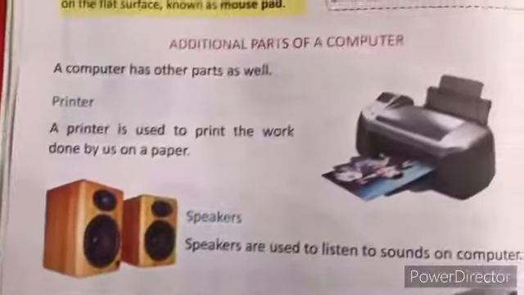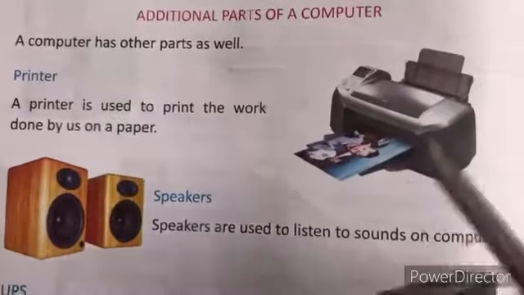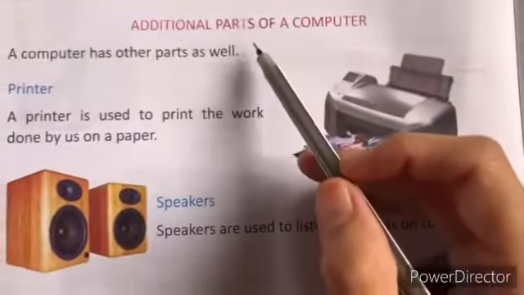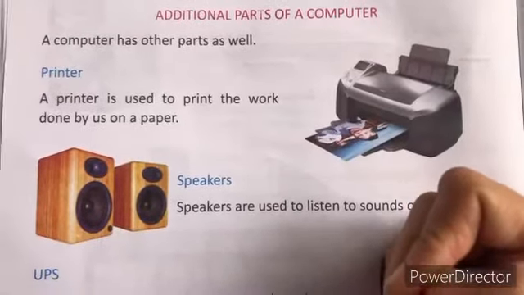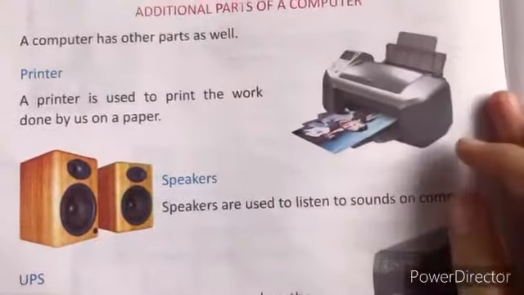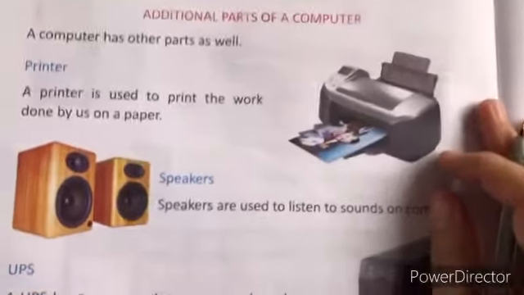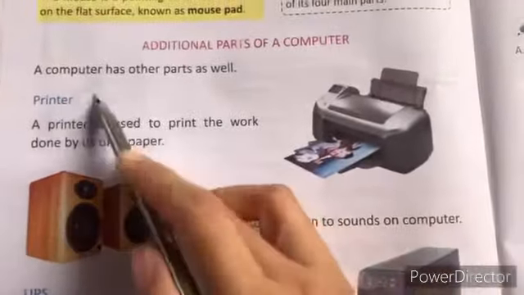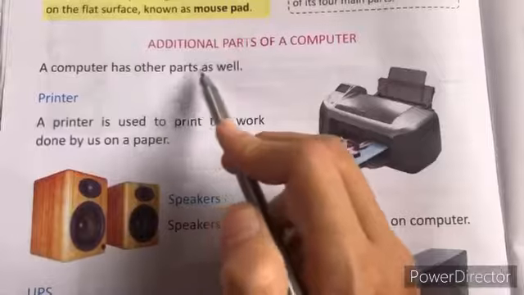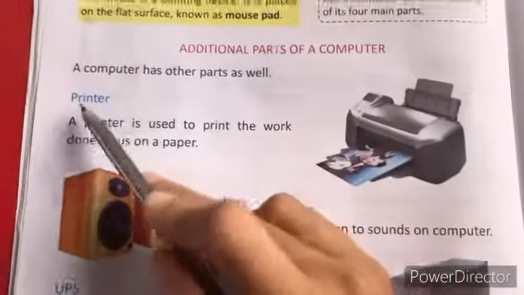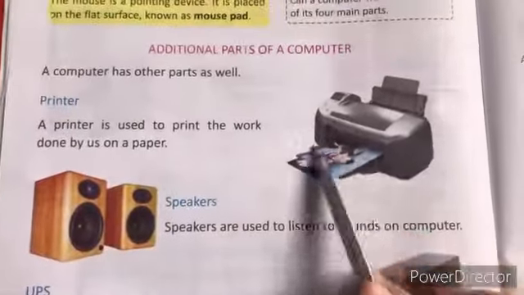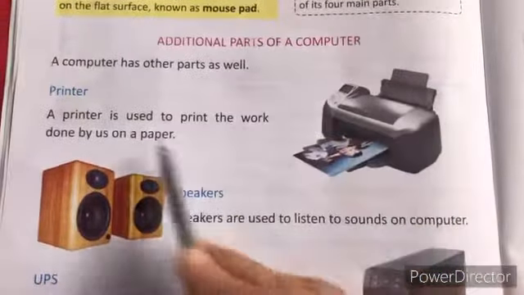Now the additional parts of a computer. A computer has some other additional parts like speaker, printer and UPS, right? So a computer has other parts as well. Printer. This is a printer.